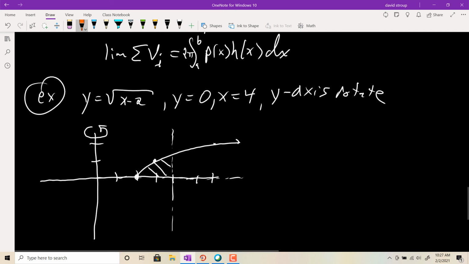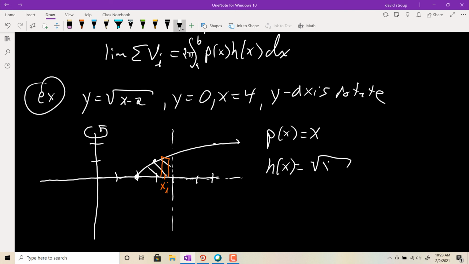The rectangles are parallel to the axis of rotation, so in this case it'll look like this. And that particular rectangle is located at position x sub i. So I need a radius function, and again, that will just be x. And then I need a height function for the heights of the rectangles, which in this case is given by the square root of x minus 2.